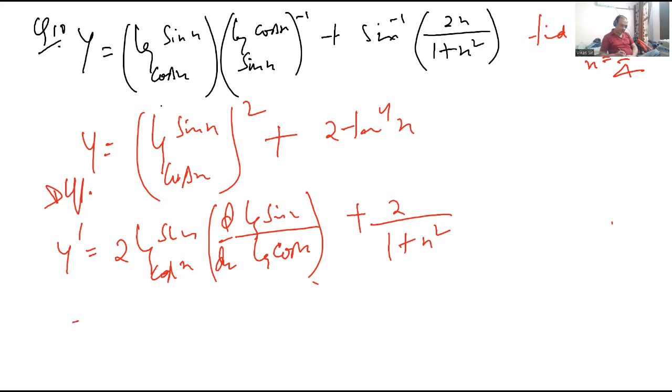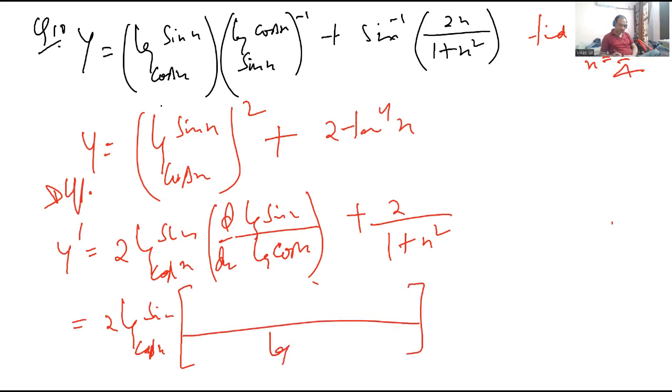Now, here I have to apply the quotient rule. This will give me twice log sine x base cos x, and on applying the quotient rule, I will be having log cos x whole square in the denominator. In the numerator part, I will be having log cos x, and I have to differentiate the upper part log sine x. I will be having the denominator sine x and in the numerator cos x, because I will apply the chain rule.